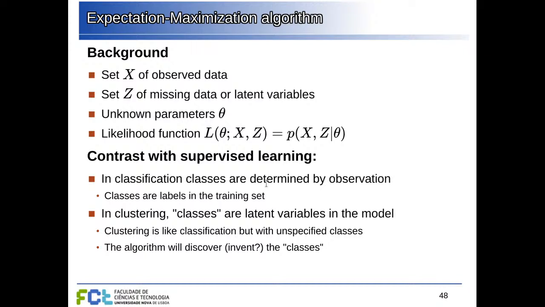They are not present in the data, so they are the cluster labels that the model is trying to discover or invent by looking at a pattern in the data. So you can think of clustering as a sort of classification problem, but without the classes being specified in the data. We need to make them up in our model. This is why we have a problem here, because if we want to find the parameters that maximize the probability of X and Z, we need to know X and Z. Otherwise, we don't have a way of maximizing this.